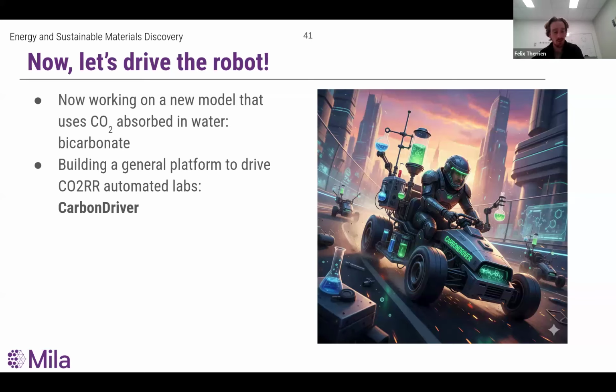So we're now working on a new physics model that works with this new setup. And we're currently building a general platform that will be able to drive any CO2 reduction automated lab with the same sort of idea and a suite of models, including physics models, but also pure machine learning models.